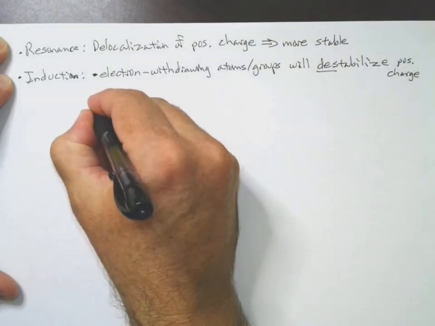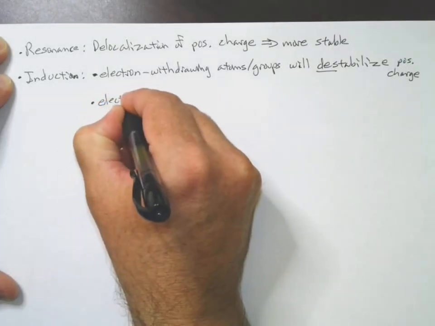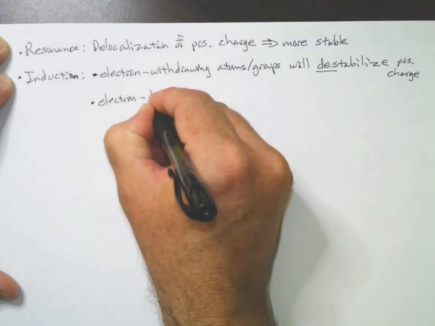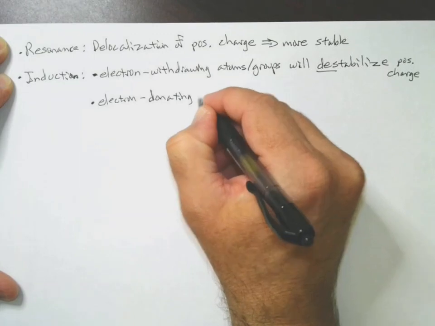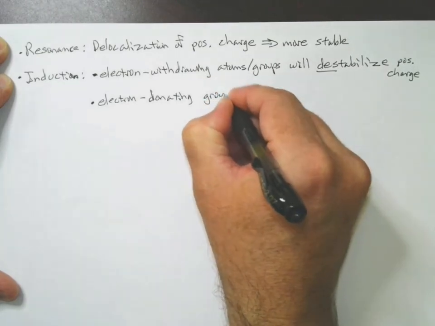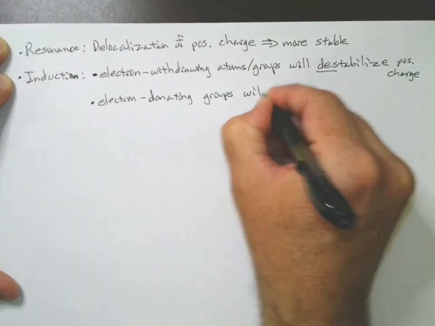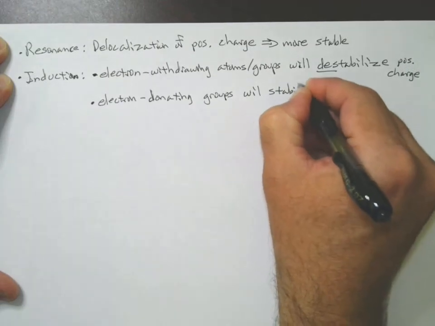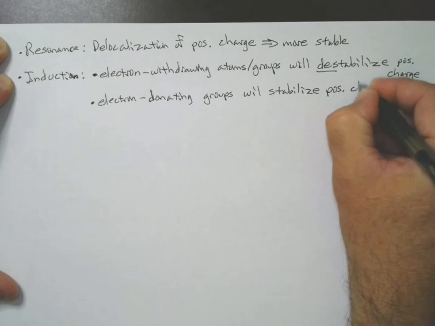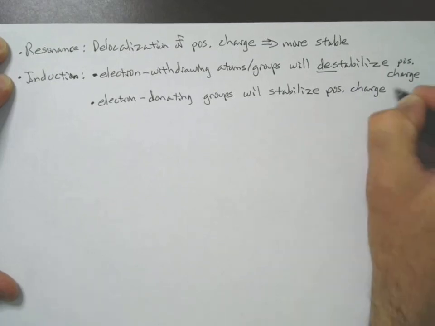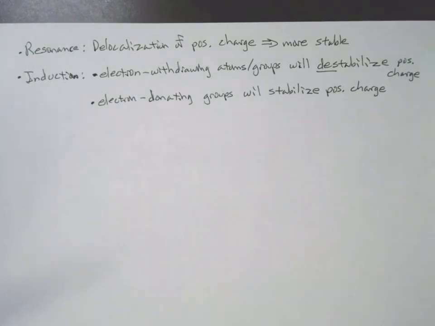On the other hand, electron donating groups will stabilize the positive charge.